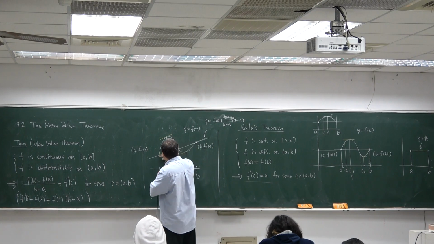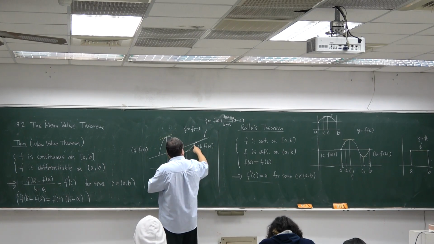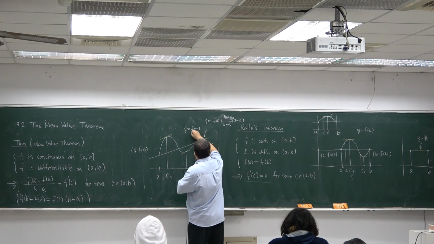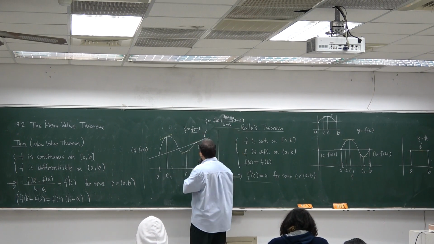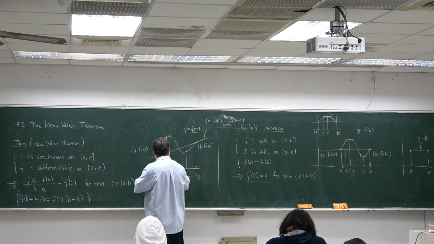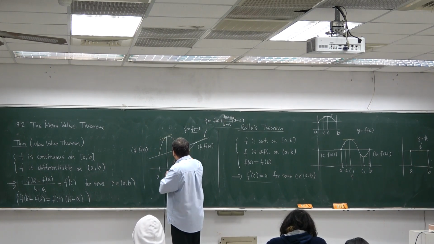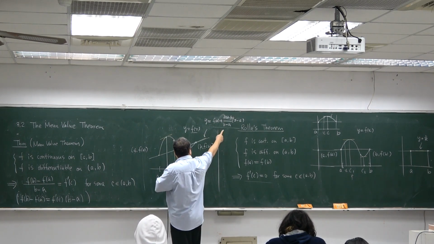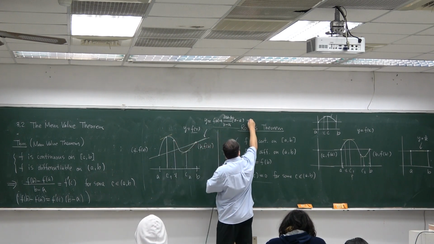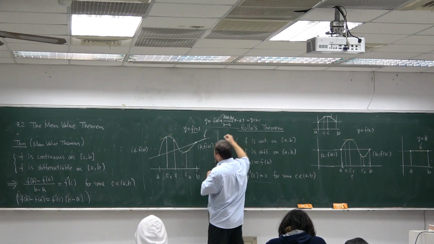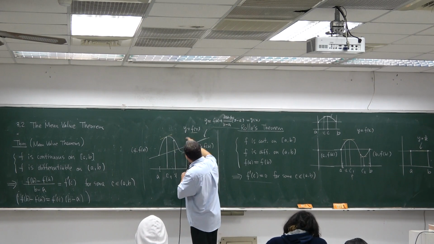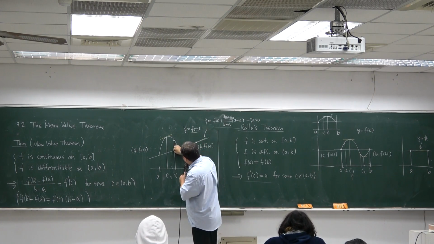if we consider the function f minus this one, f of x minus this one, then at x, f of x is here. Suppose this is g of x. g of x is here. So f of x minus g of x will be here.